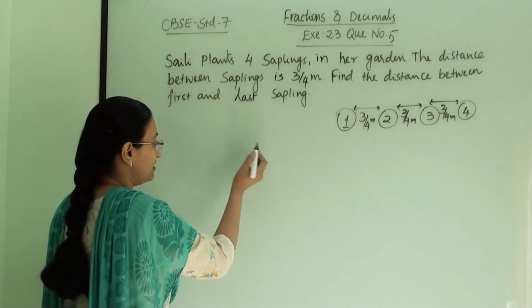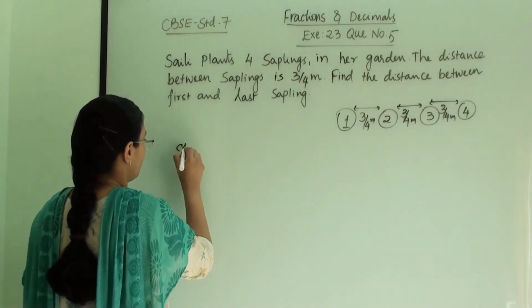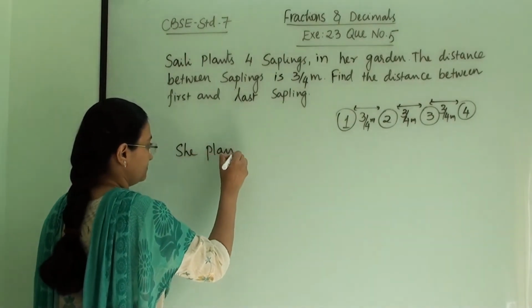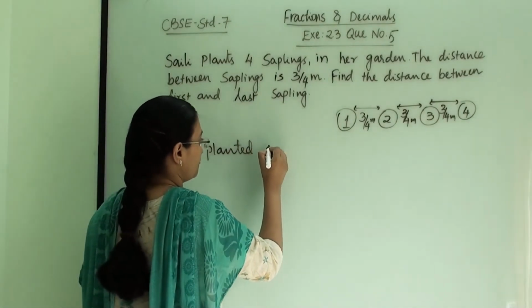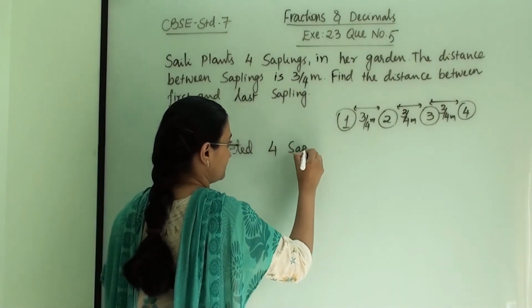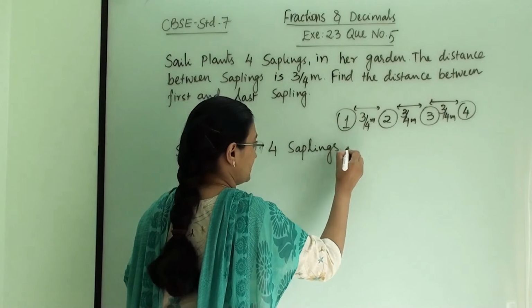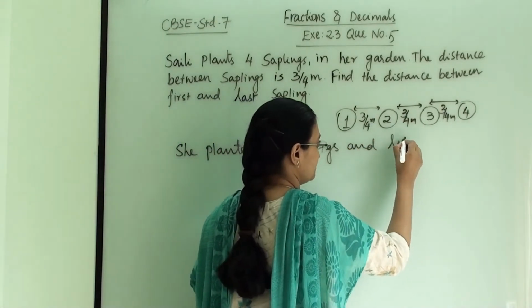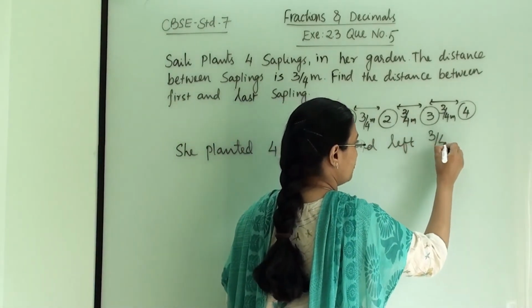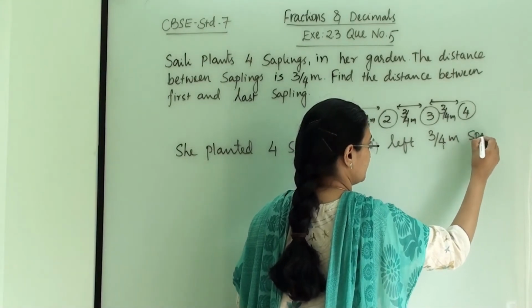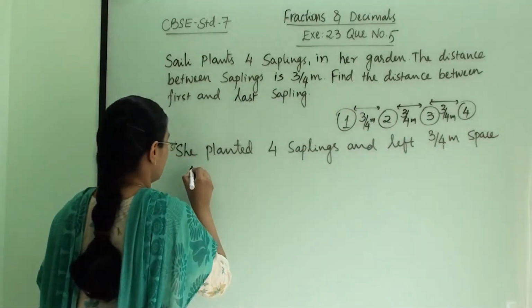So here we will write like this, that she planted 4 saplings and left 3 by 4 meter space 3 times.